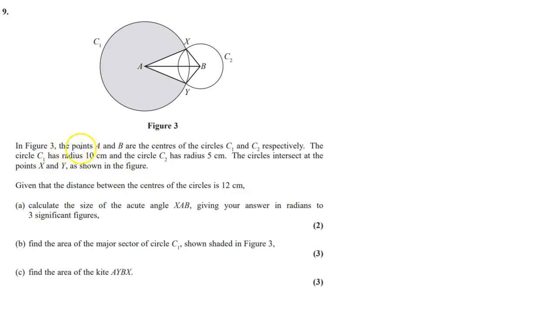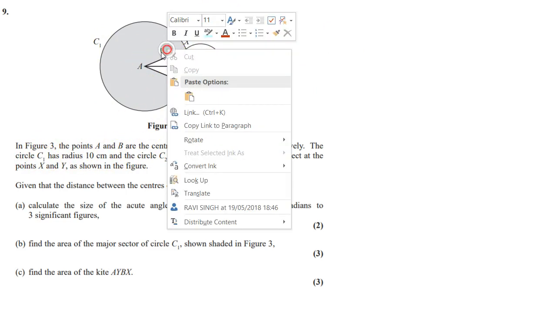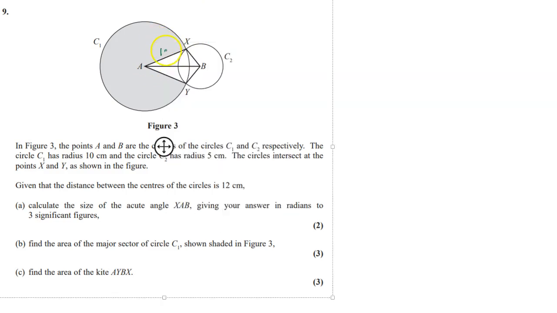In this figure, the points A and B are the centers of the circles C1 and C2. C1 has a radius of 10, so this is 10, and this is 10.